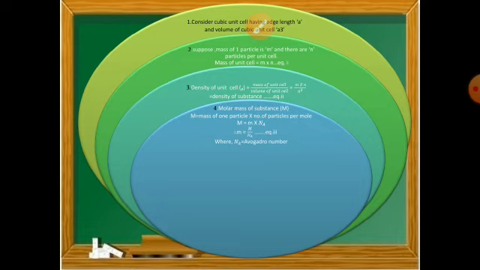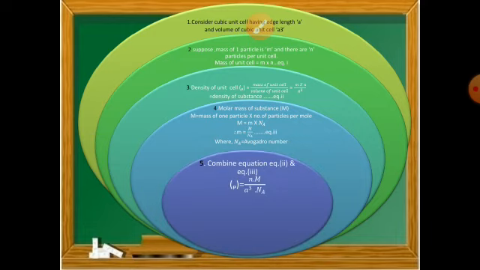Now I want to find out the mass of one particle, that is small m. So therefore small m is equal to capital M upon Na. This is my equation number 3, where Na is the Avogadro's number.